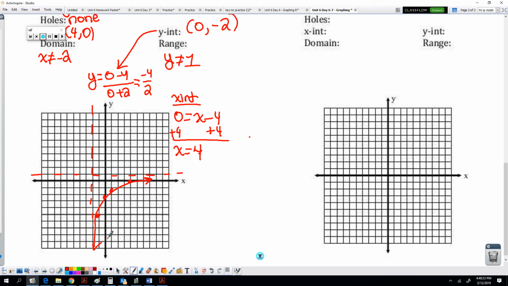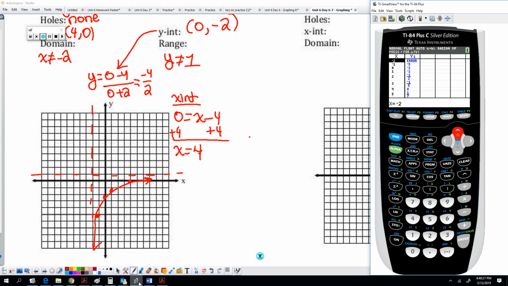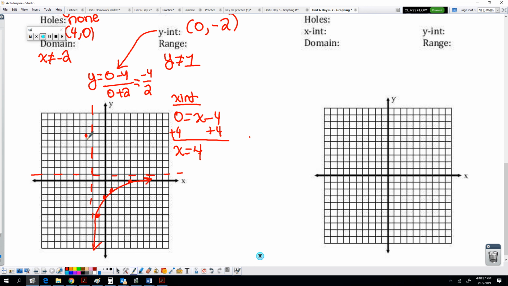And then we're going to do the same thing for the other side. So you can look at your graph. (-3, 7). All right, and then you're going to see what it looks like. There we go. Okay.